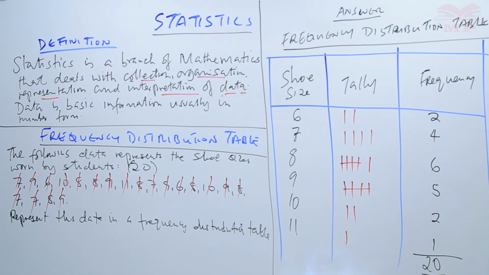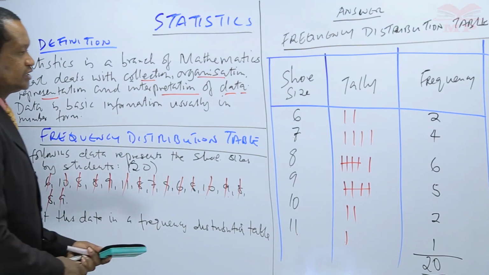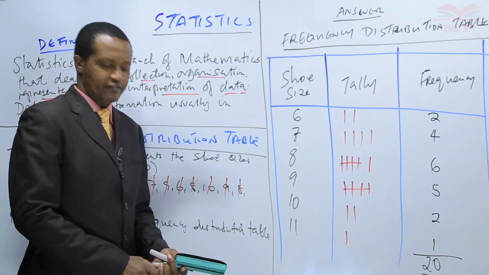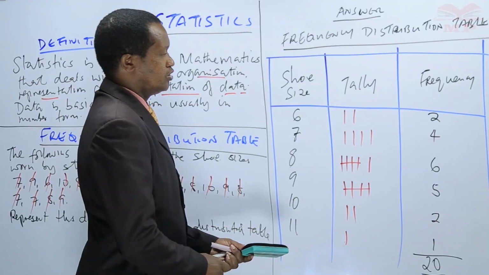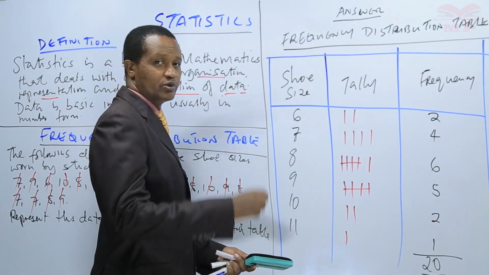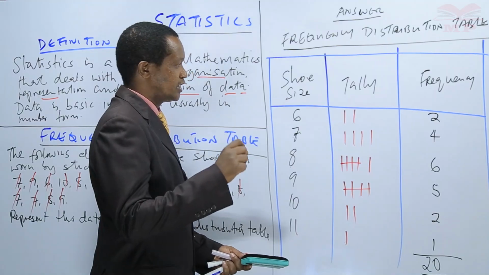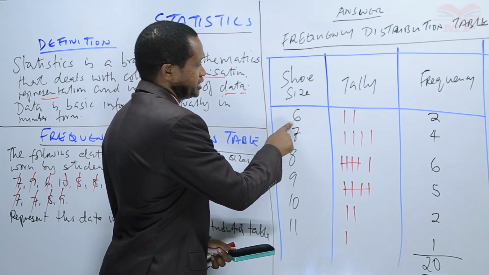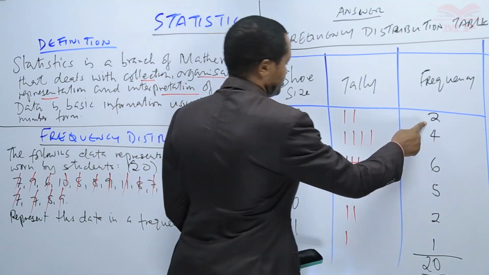We have defined a tally as a stroke which represents a quantity, and frequency is the number of times an item or value occurs. This shoe size number 6 occurs 2 times.